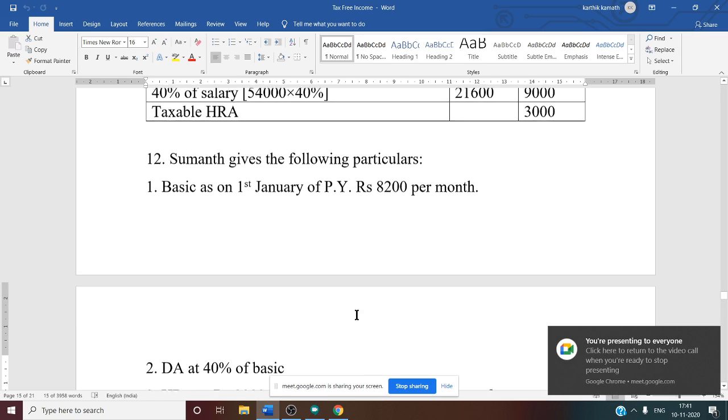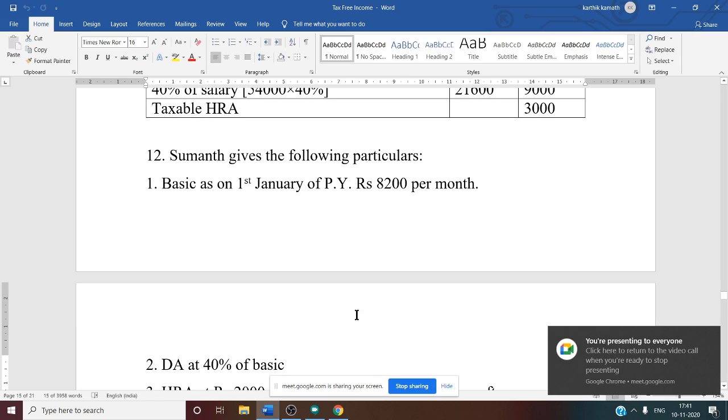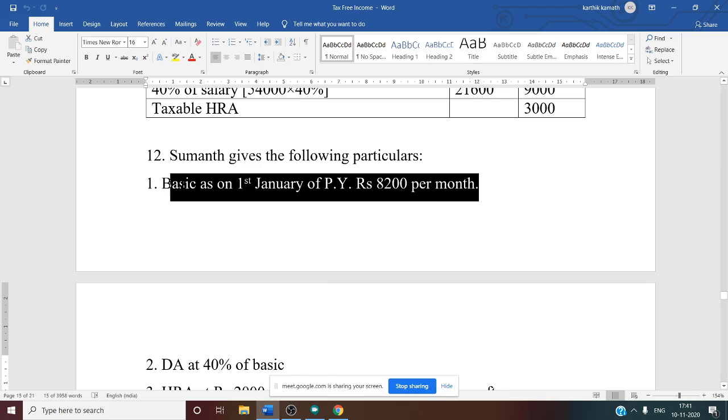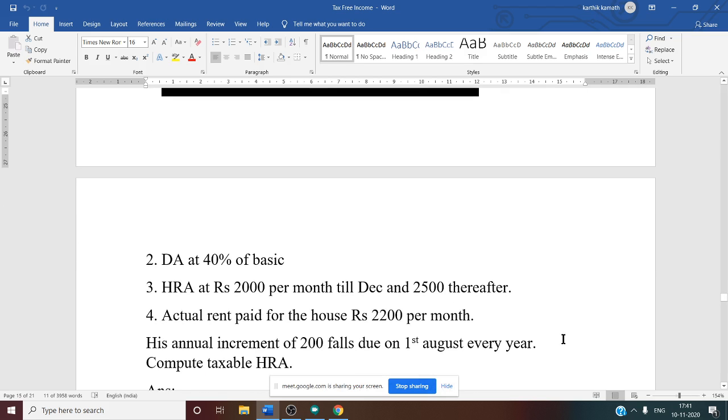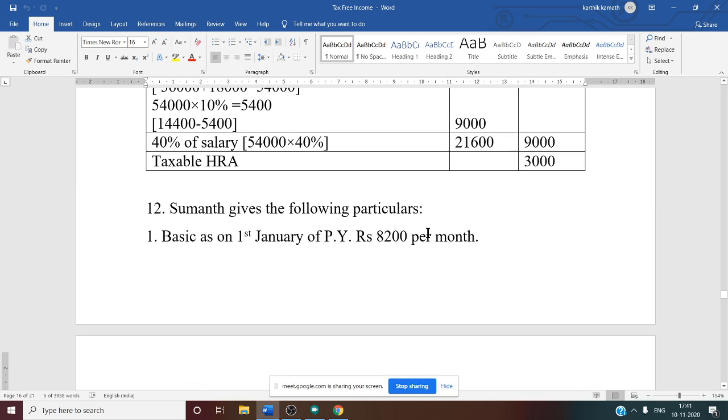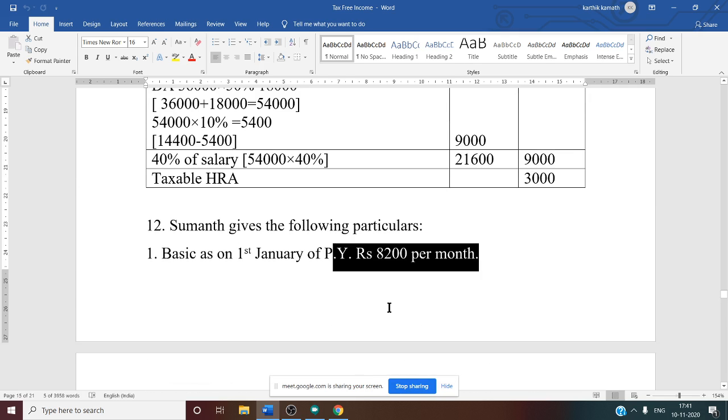31/3/2020. So what we can say here: April, May, June, July, his salary is 8,000 and not 8,200. Then from August, his salary is 200 increased. So 8,000 plus 200, that is 8,200 August onwards.